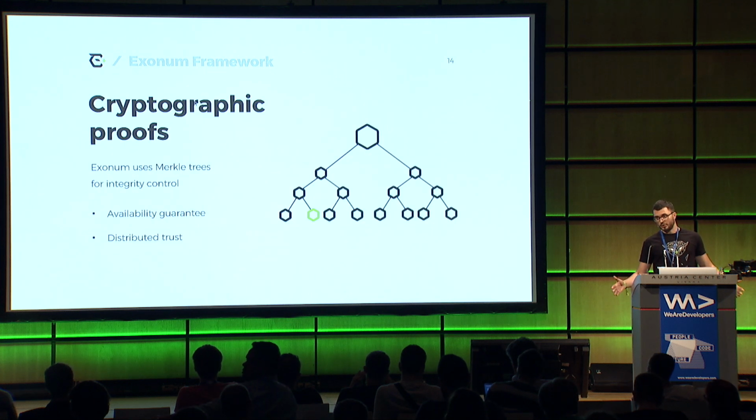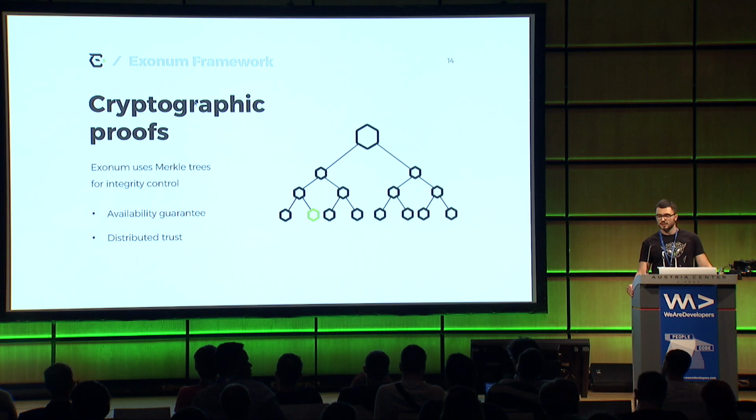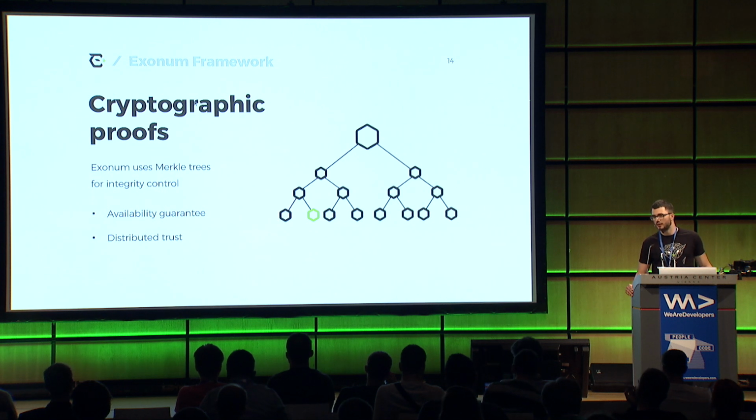And about our cryptographic proofs, inside of our data storage we use Merkleized trees as a structure for data that we store, and it helps to build cryptographic proofs so that anyone could prove that some piece of data is stored on the blockchain and not in some black box, for example, because this is all about math and strict calculations.